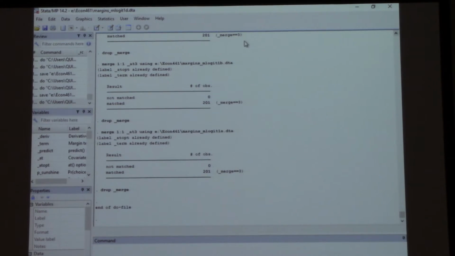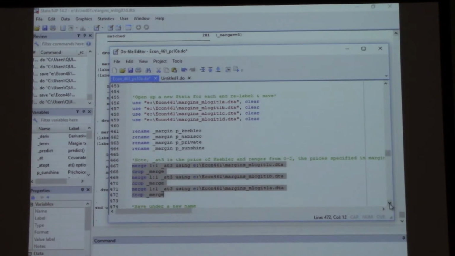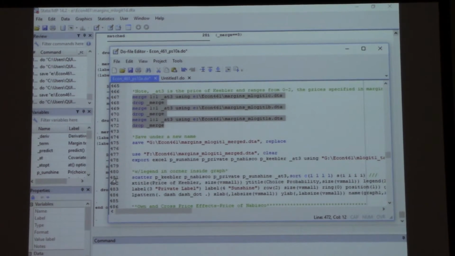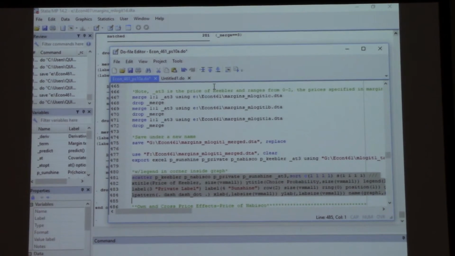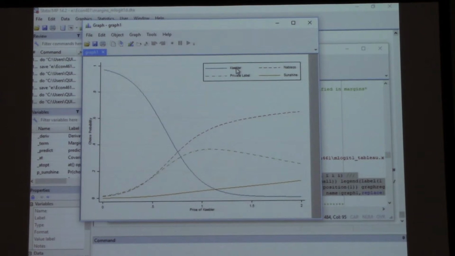I get all those nice zeros on my not matched and my 201 observations for my matched. I could save this under a new name, but I want to run this first. Let's make sure it works. So this should be that first panel of our graph. Yes.